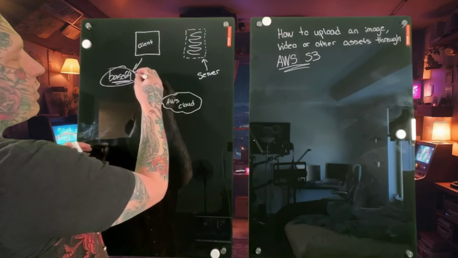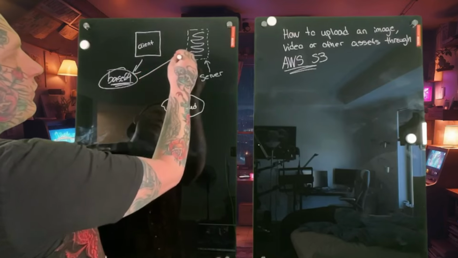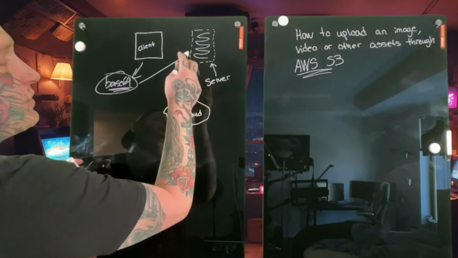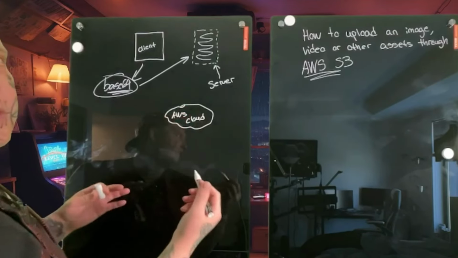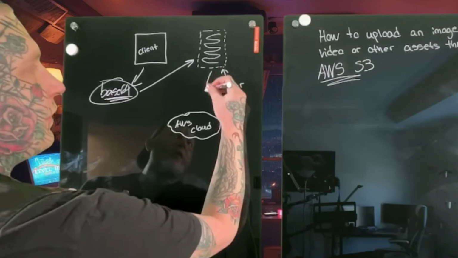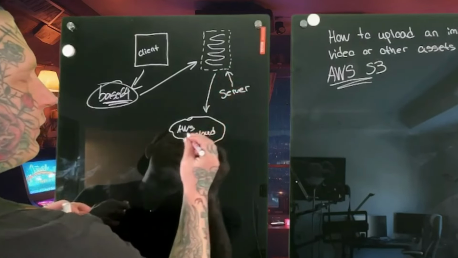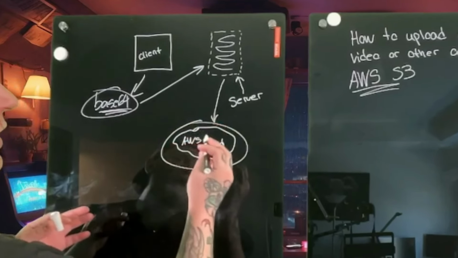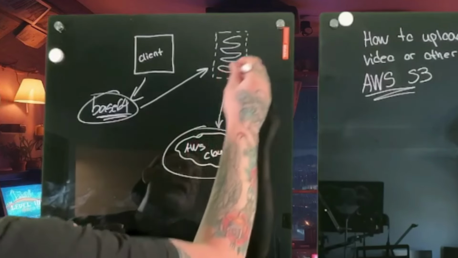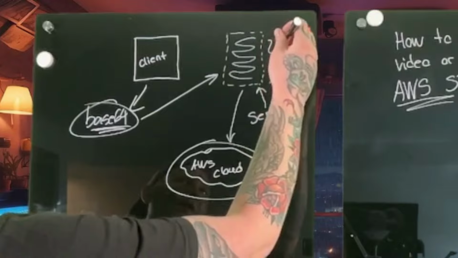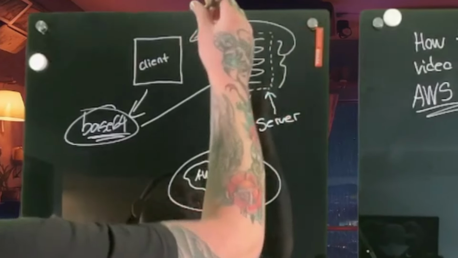In our API request, we're gonna send that to the server, and the server is then going to, through our backend logic, through Node.js and Express, upload that to the AWS cloud. Once that's uploaded, we'll get a confirmation, our code execution will continue onwards, and then we'll send the response back to the client.